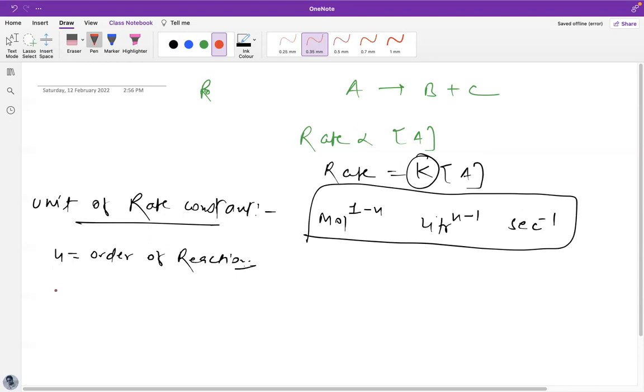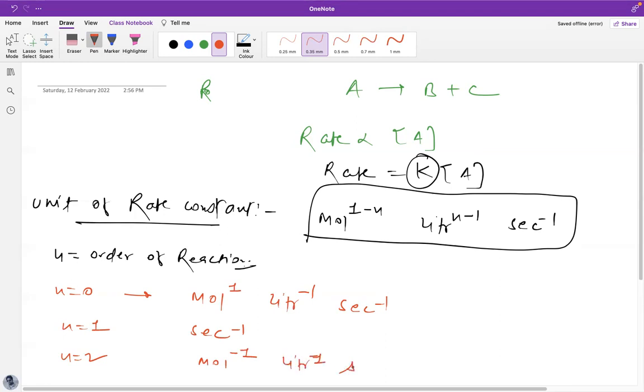If n is equal to 0, then your unit will be mole^1 liter^-1 second^-1. If n is equal to 1, then the unit will always be second^-1. And if n is equal to 2, then the unit will be mole^-1 liter^1 second^-1. Any doubt about the unit, please tell me.